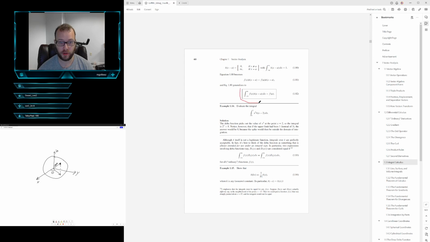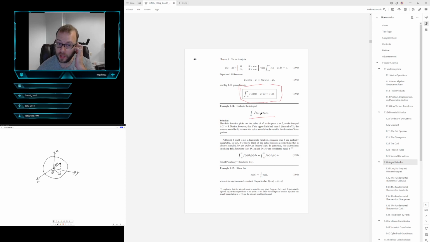Generalized to an arbitrary point, the integral of f of x times the Dirac delta function of x minus a is equal to f of a. So here's a simple integral, evaluated from 0 to 3. We plug in 2.